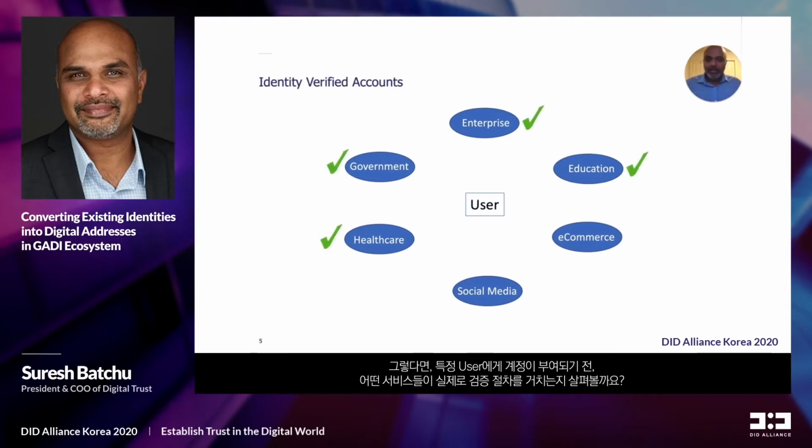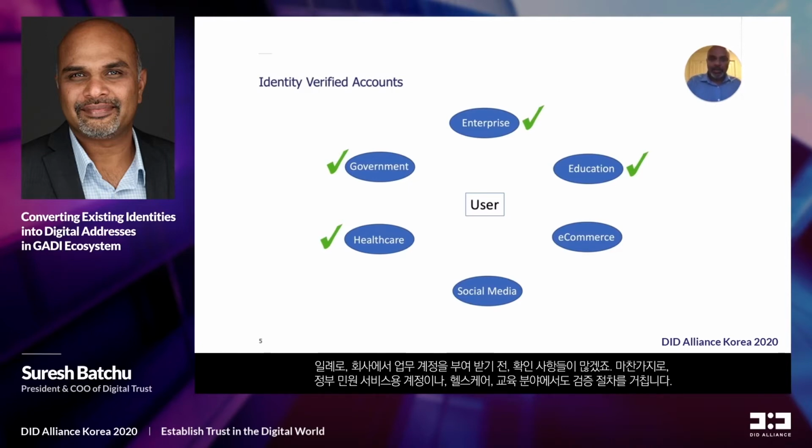Which services have been verified as belonging to a particular person before they give the account? For example, when you go to work, they'll check a lot of things before they give you a work account. Similarly, for government, anything that you want to get an account for, you need to get verified. Similarly in healthcare, and also in education.